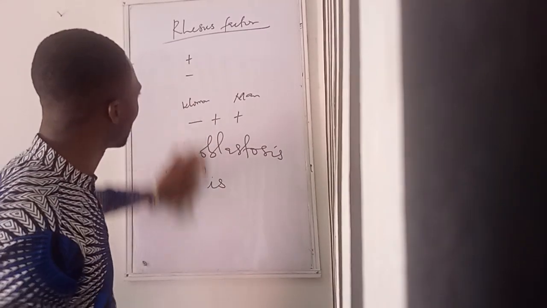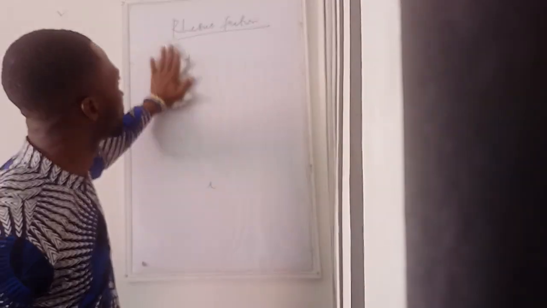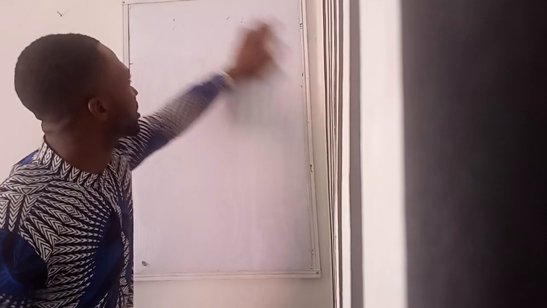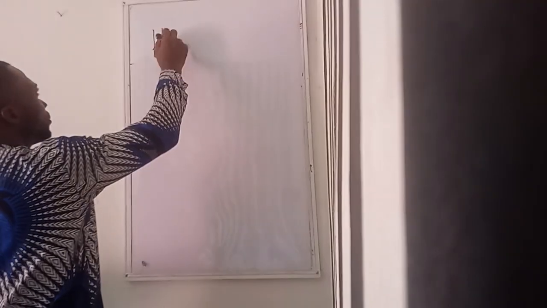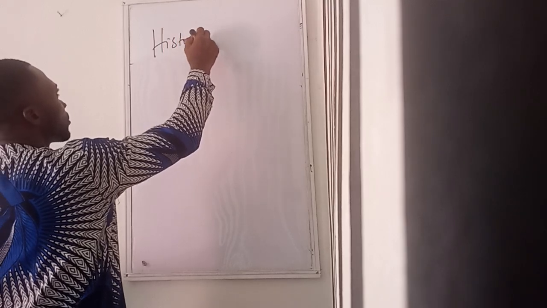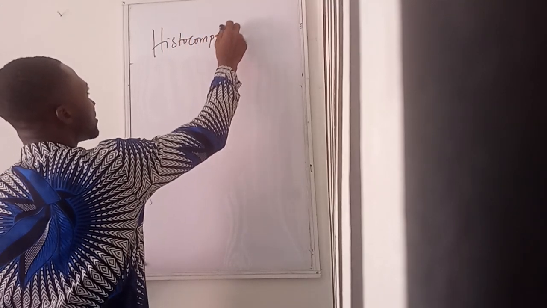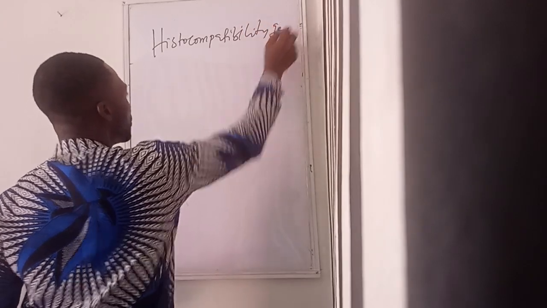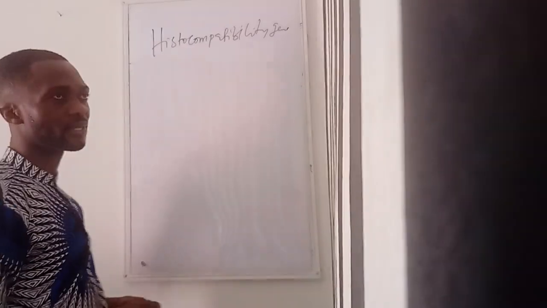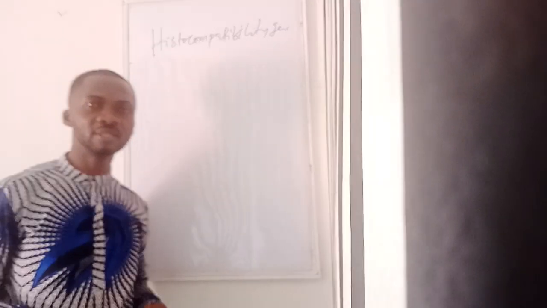Then the last thing I want to look at is the histocompatibility gene. These are genes found in the body, I think on chromosome 6.